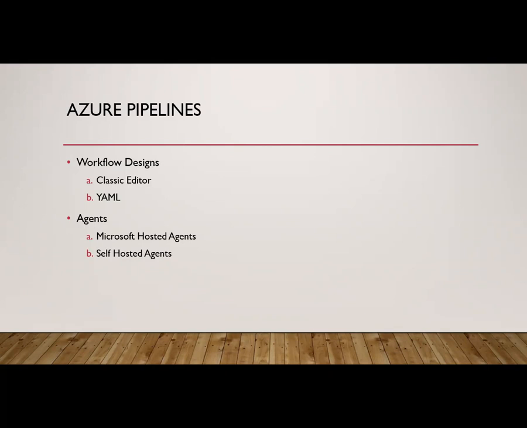A question on Microsoft hosted agents. These are agents we select during the pipeline, and Microsoft will provision them dynamically and destroy them also, is it? Yes, it is like that.